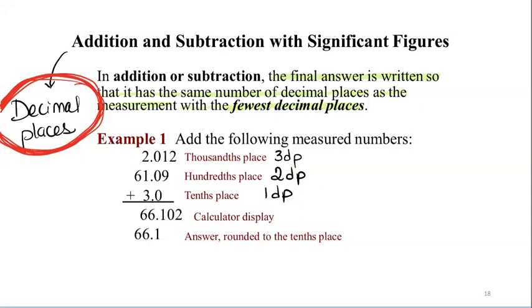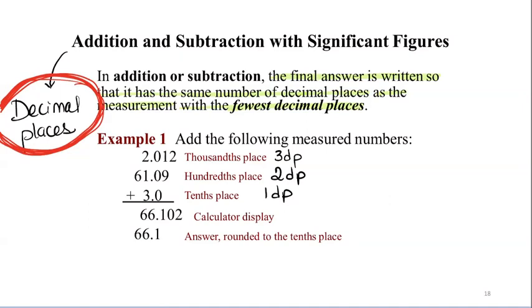The calculator display for adding 2.012, 61.09, and 3.0 will show that the answer is 66.102. Now, let's assume that these are measurements and you need to express the result in the correct number of sig figs, so we need to round.